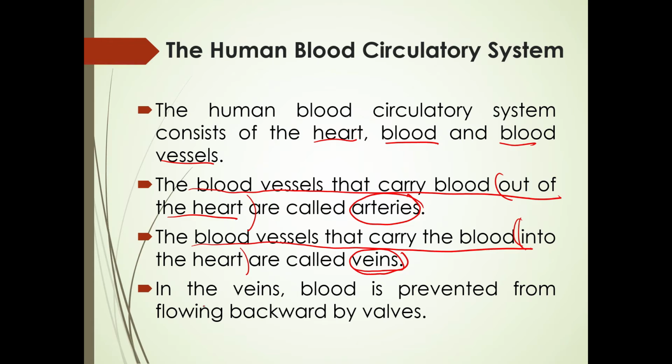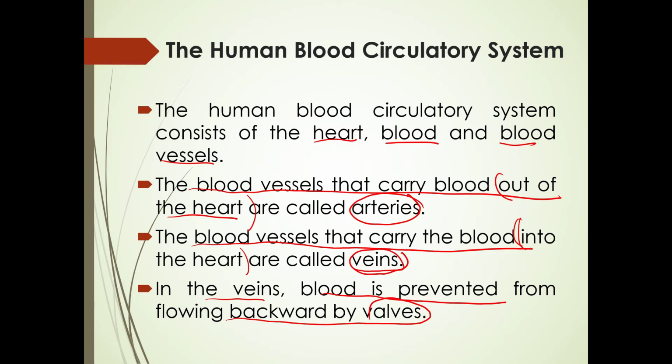In the veins, blood is prevented from flowing backward by valves. They have the tricuspid, bicuspid, and semilunar valves, sometimes called by several names, but it's actually the same. So these are the three: arteries, veins, and also valves.